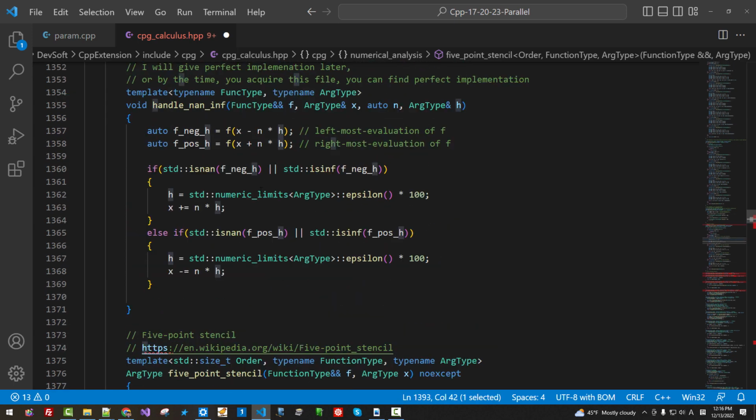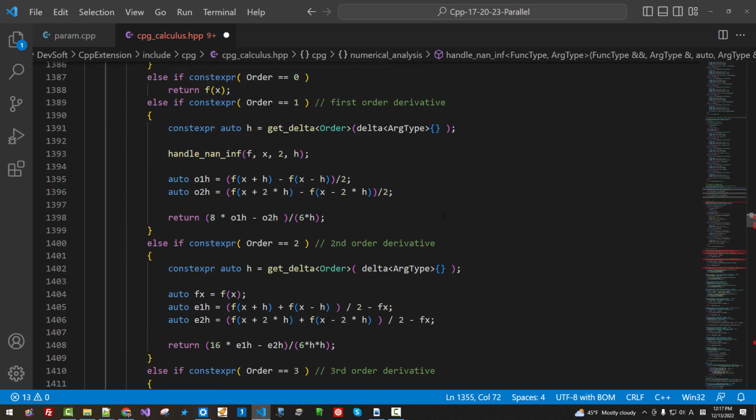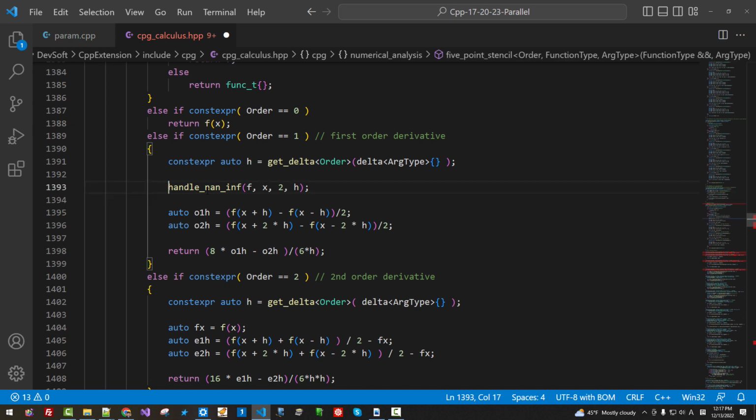In this algorithm, we modify the value of h. We make h very small. Also, we move the value x. We used L-value reference. That means in this function, when we call handle non-infinity, this h changes, so it should be fixed like this.